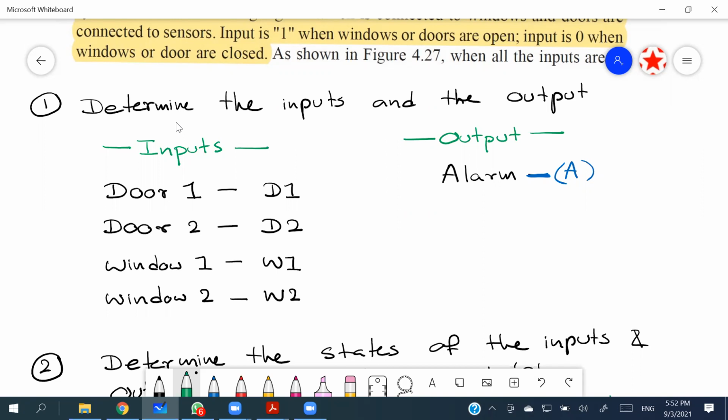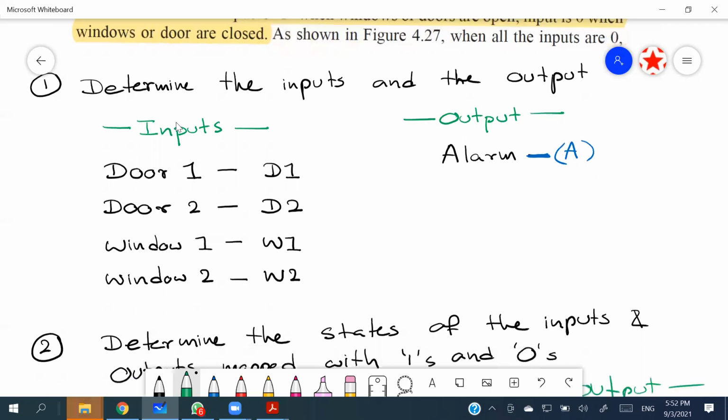So if we are going to create or design a logic gate, we have to determine the two different states of these particular inputs and outputs.